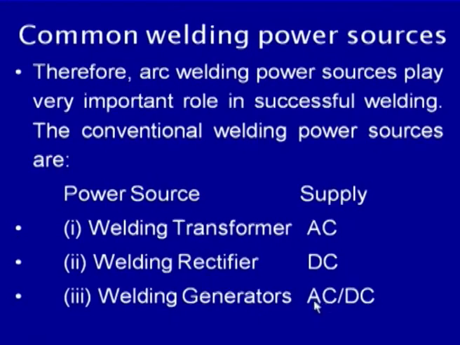Welding generators are also available, which can supply AC and DC, and these are mainly used when normal supply is not available, or the sites are located far away from the power generating units. So, as far as application of the specific kind of power source is concerned, welding transformers, rectifiers and DC generators are used in job shops, while engine coupled AC generators as well as DC generators are used at sites where normal power supply is not available.